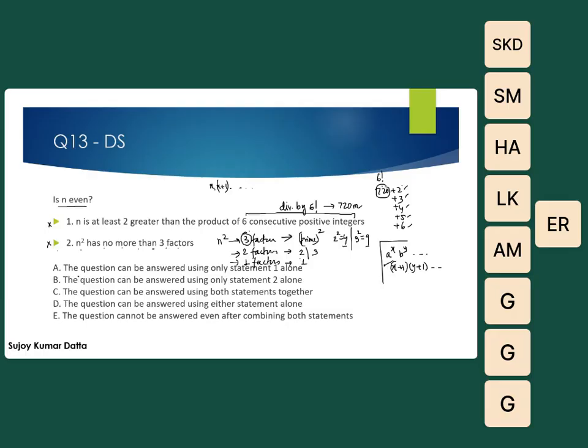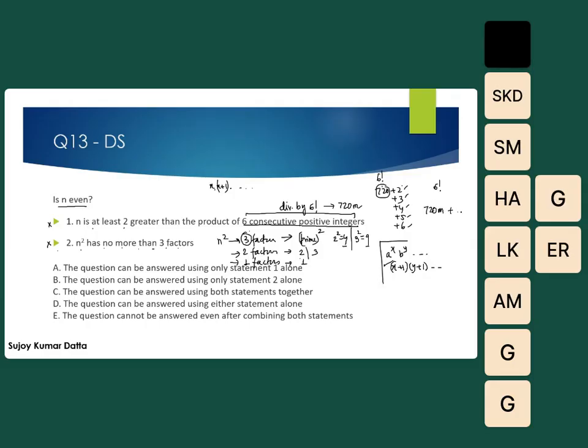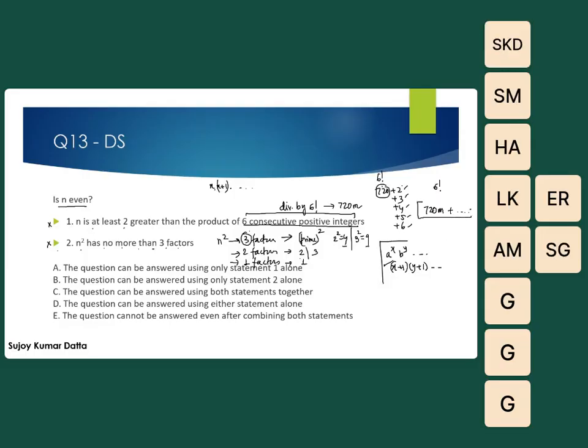So now we'll take a look at combining both. It says that n is at least 2 greater than the product of 6 consecutive positive integers. So if it is 6 factorial, so 720 m, you are adding something to that, and that has, according to the question, no more than 3 factors.